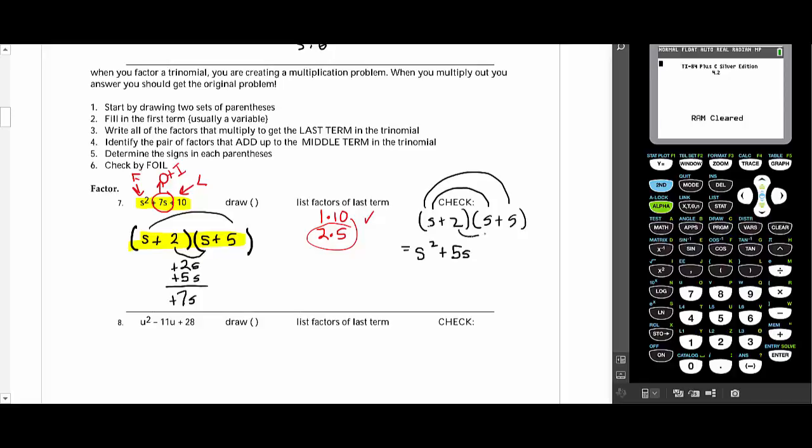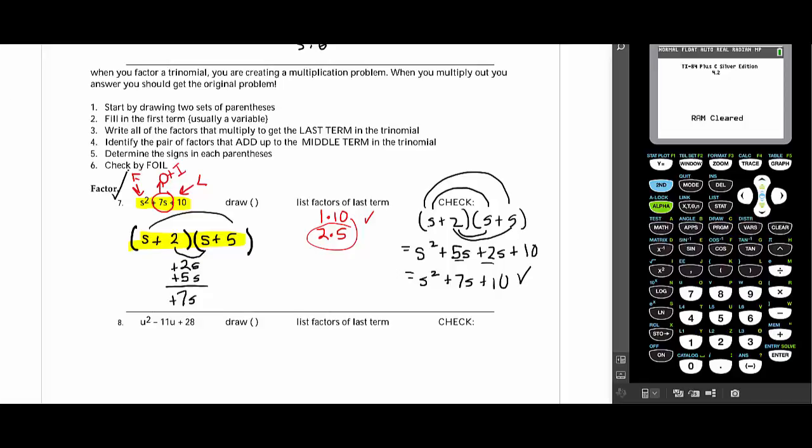The inside term is 2 times s, so that's 2s. Then the last term's 2 times 5, so that's 10 like that. Okay? What happens is the middle terms add up to 7s, so you get s squared plus 7s plus 10. That takes you back to the beginning of the problem, so that means that's right. So that's the process that you would go through on the problem. Okay, how's that look to everybody?